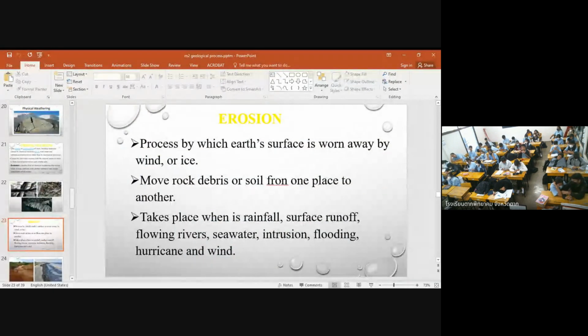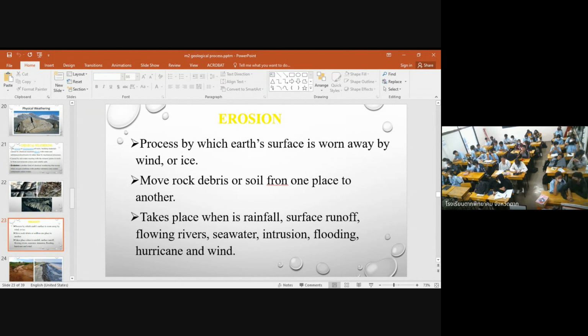So we have erosion, the process by which Earth's surface is worn away by wind or ice. Again, erosion: worn away by wind or ice, and then moving rock debris or soil from one place to another.